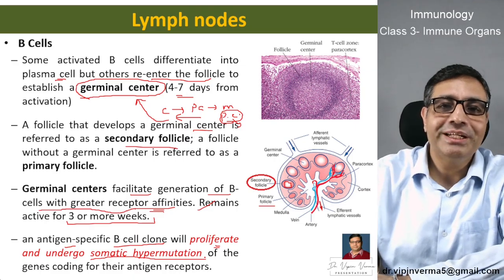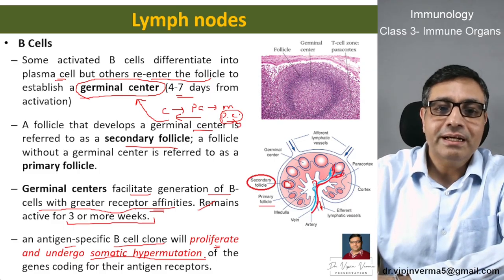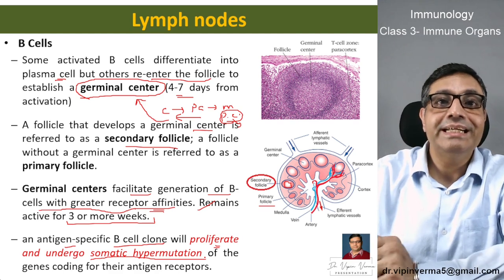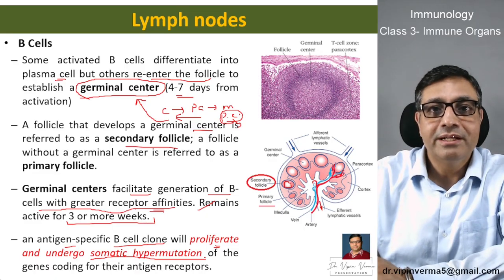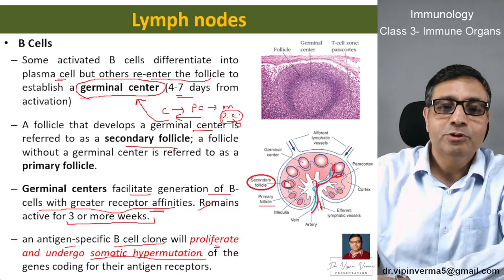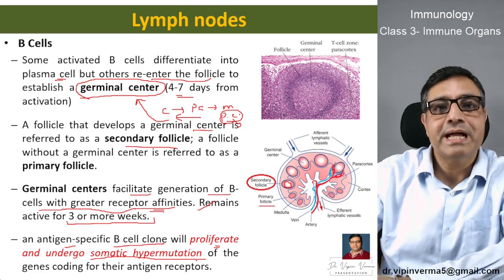Now somatic hypermutation is a very interesting phenomenon which you will find in B cells, where the genes are hypermutated. That means the mutation rate is increased by 1,000 to 1,000,000 times more than the normal rate, so that they can generate more different types of receptors. This happens in the somatic cells, not in the germ cells, so we call it somatic hypermutation.